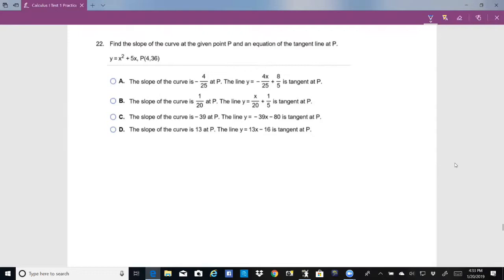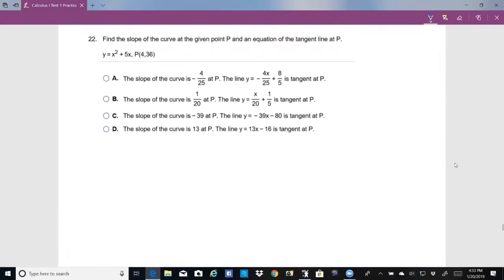Now, the derivative at a point gives us the slope of the curve at that point. And we're just going to use the definition f prime of x equals the limit as h approaches 0 of f of x plus h divided by h, if the limit exists.